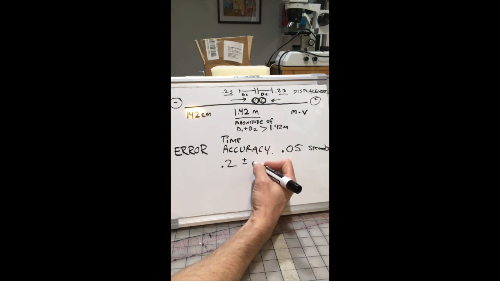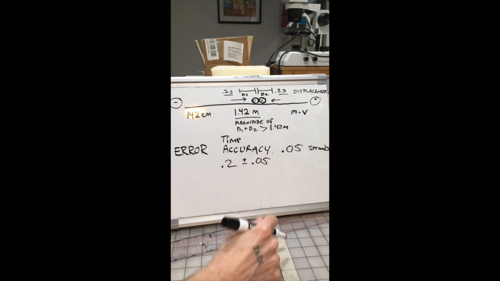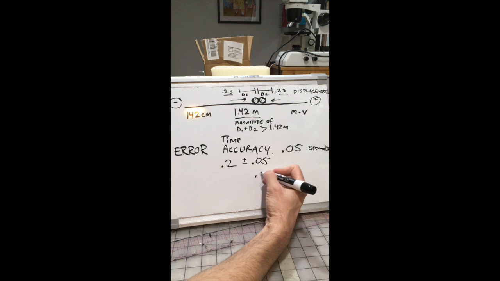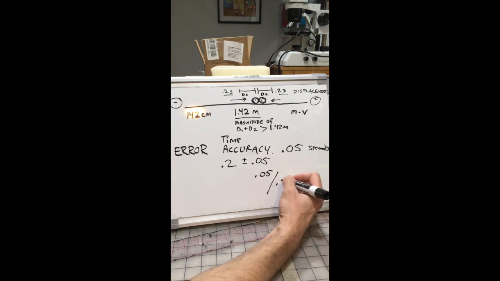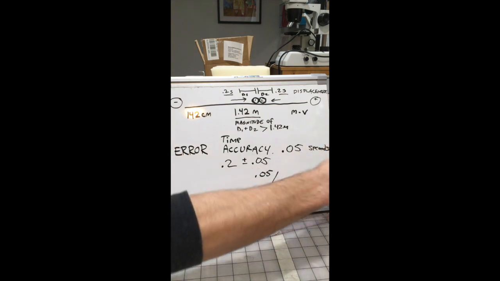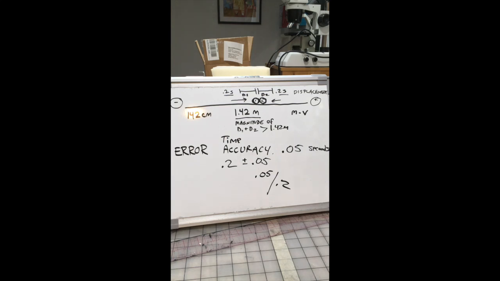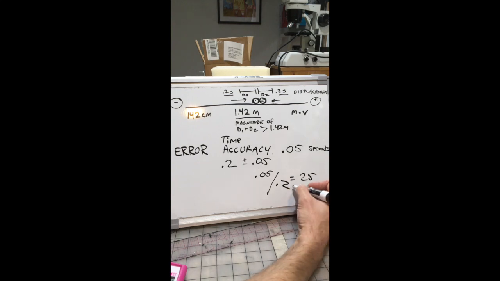Well, 0.05 divided by 0.2 tells us how much error, or how different these measurements could be from each other. So there is a plus or minus 25% error.